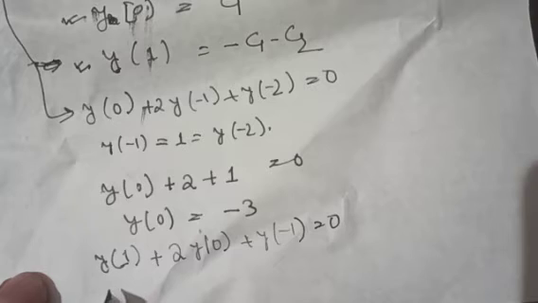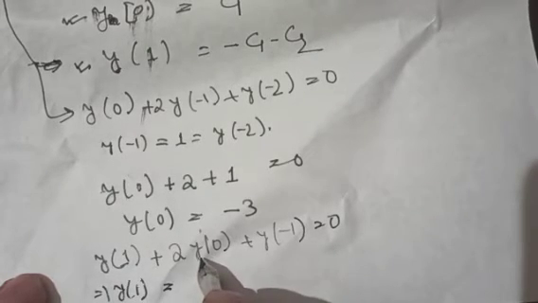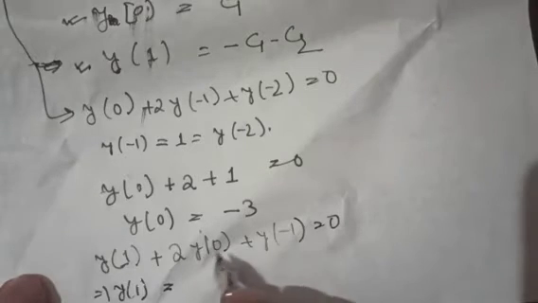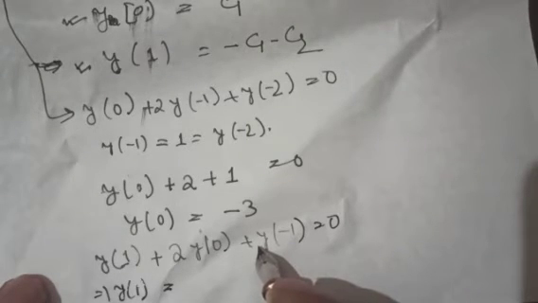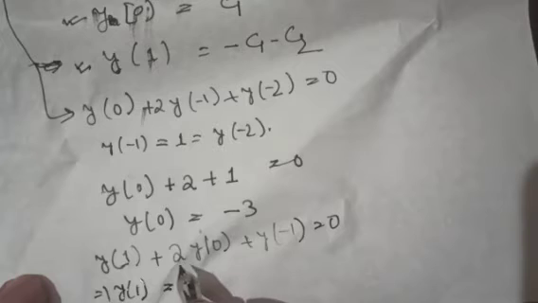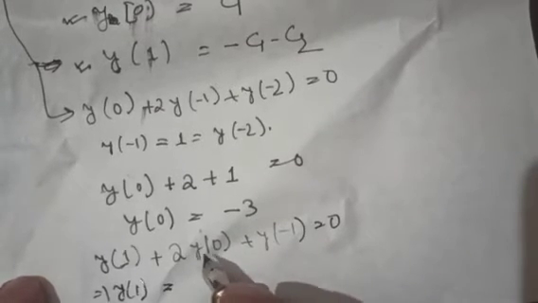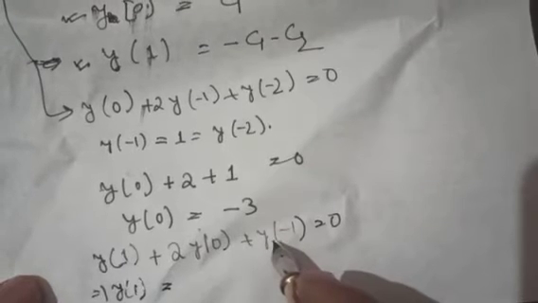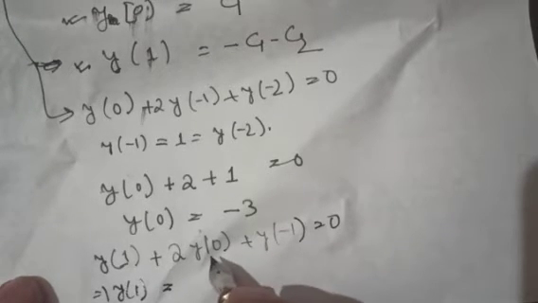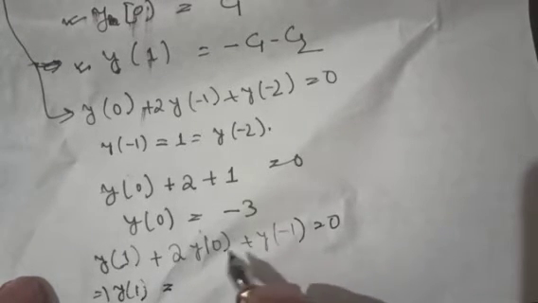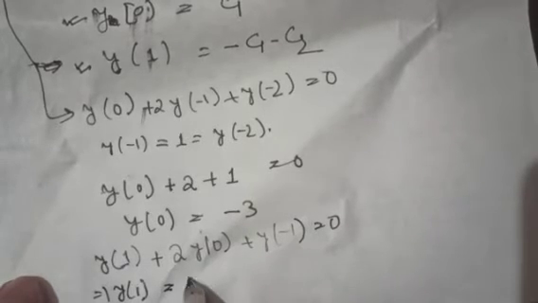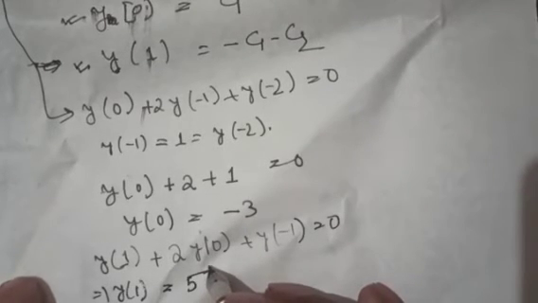So here y of 1 will be, y of 0 we already obtained as minus 3, so it is minus 6, and y of minus 1 is 1, so minus 6 plus 1, so minus 5, so y of 1 is 5.